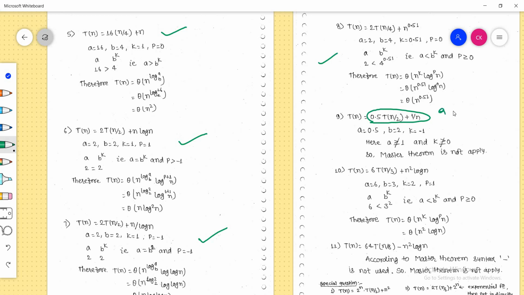In this case the value of a is 0.5, but in the standard master theorem the value of a should be greater than or equal to 1. So again this is not suitable for the master theorem, so we cannot apply it. And again, in this one we have a minus, but in the standard master theorem there is a plus, so we cannot apply the master theorem.